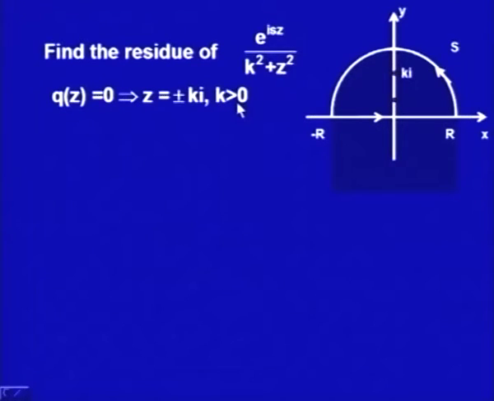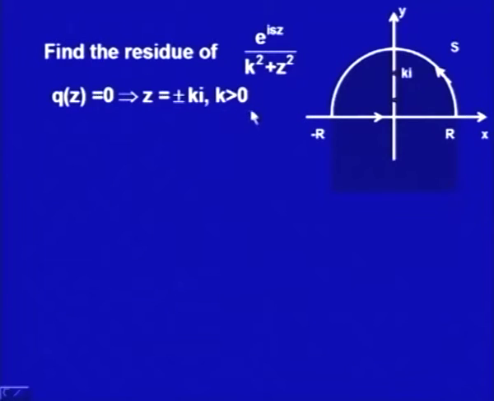Of course, why I am assuming k is positive, you would have got it. If k is positive, then plus k I would be in the upper half plane and minus k I would be in the lower half plane. If k is negative, then actually minus k I would be in the upper half plane. So, without loss of generality, if k is negative, I can say k is minus n where n is positive, and thus we can always assume k to be positive.